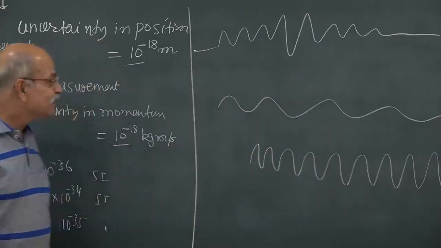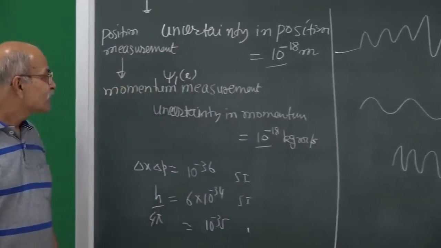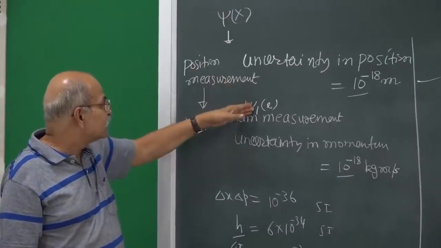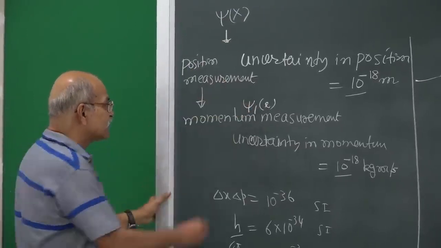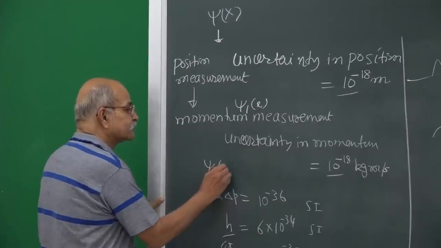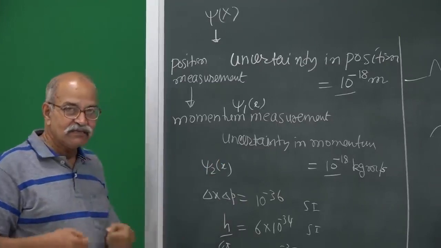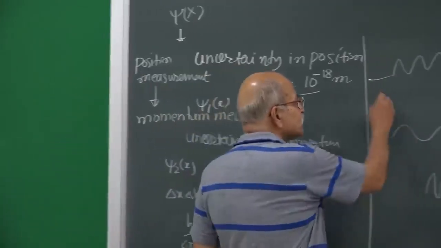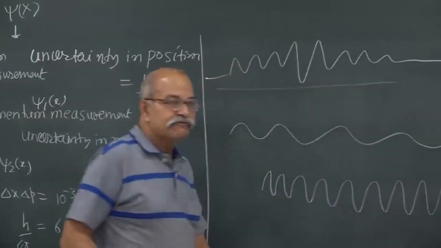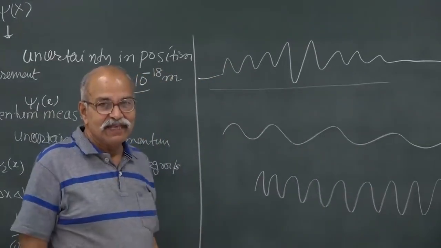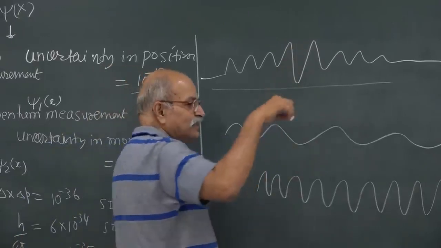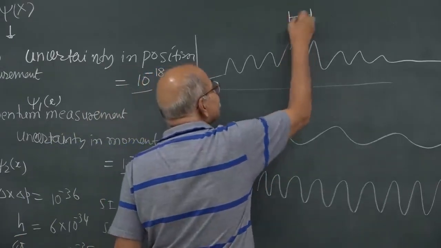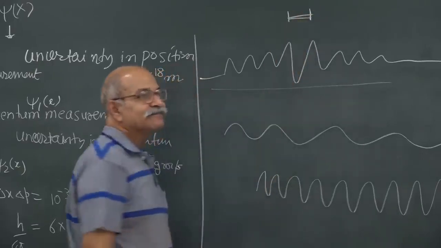Now, if I come to this question: when I made the measurement, it becomes psi 1 of x, and when I again made the measurement, it becomes psi 2 of x. When you make a measurement, you change the wave function. Suppose I physically make a measurement, and I find that, within the accuracy of the experiment, the particle is from here to here, somewhere here.